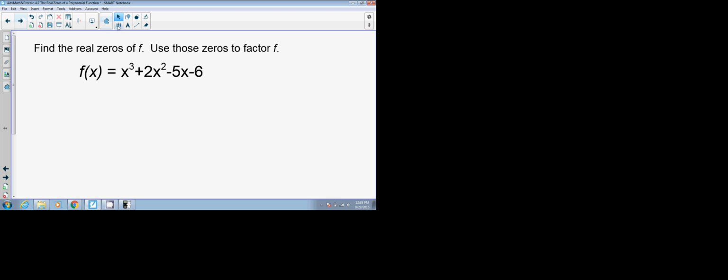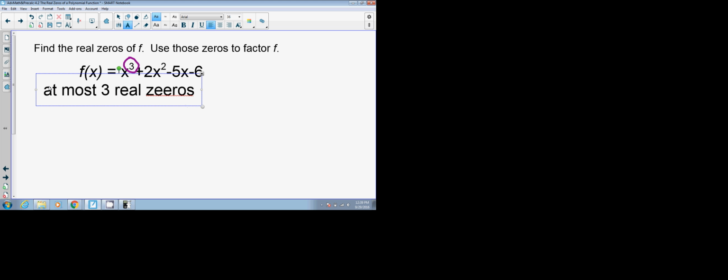So first thing we should identify is the degree in the polynomial function. The degree is the biggest exponent, which we see as 3. Since the degree is 3, we know there are at most 3 real zeros. And that's because the degree is 3.